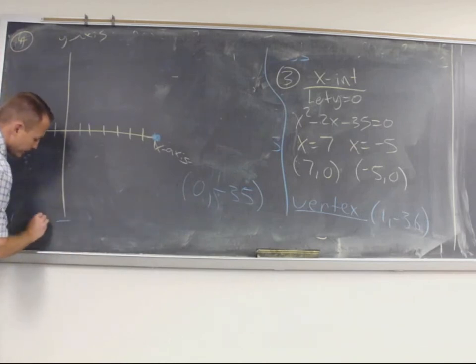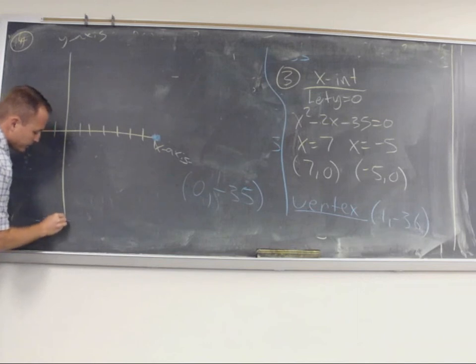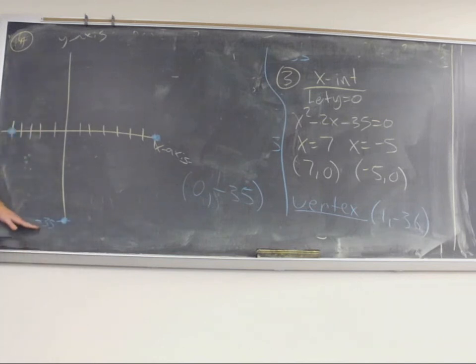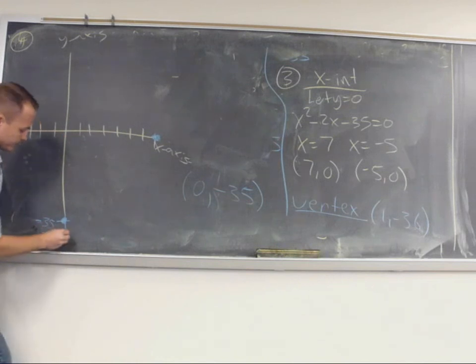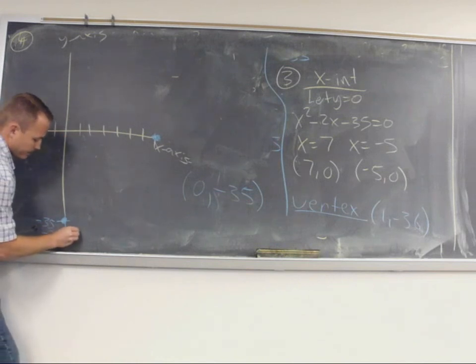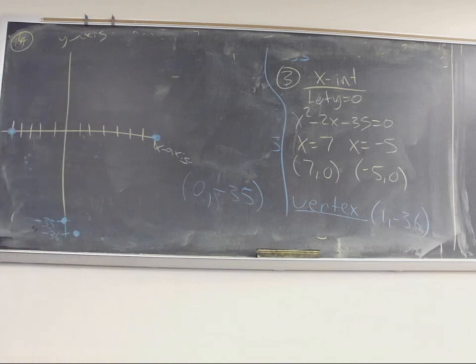So we'll just say negative 35 is right here. And it doesn't have to be proportional. As long as you write that it's negative 35 here, that's perfectly okay. And then we need to label our vertex, which is the lowest point, the minimum. So we're at 1, negative 36, which is just one below. So just label it that it's negative 36 and put it right here. And those are our points.